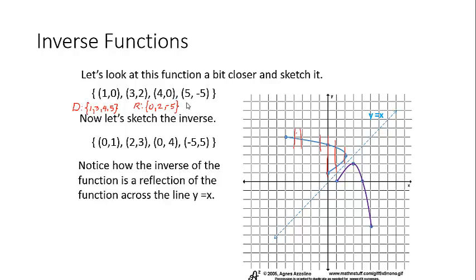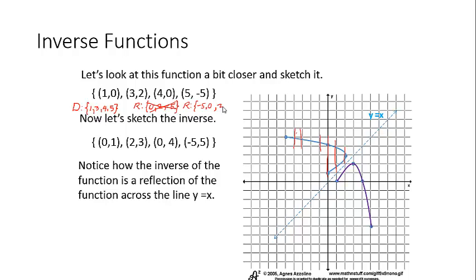And remember that domain and range, we usually write in ascending order. So negative 5 would go first, and then the 0, and then the 2.